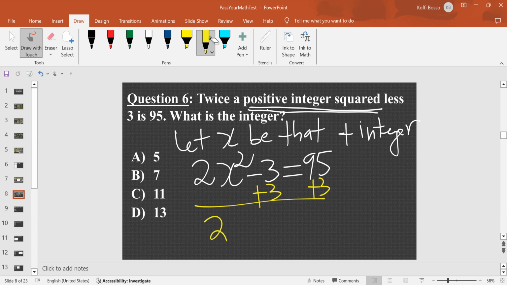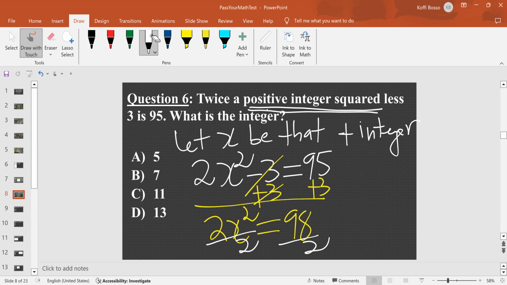So we get 2x squared is equal to 98. Understand that negative 3 and the positive 3 will cancel. The next thing to do is that we'll divide both sides by 2. The reason we are dividing by 2 is to get x squared alone. So therefore, we're going to have x squared is equal to 49.